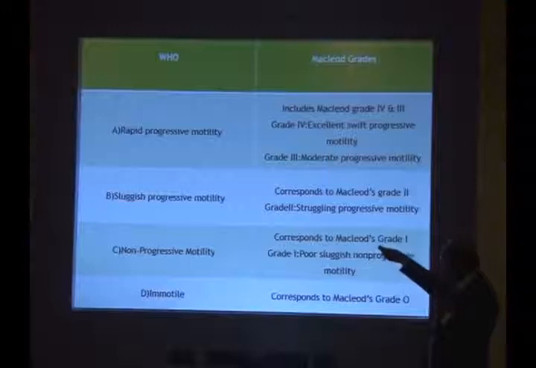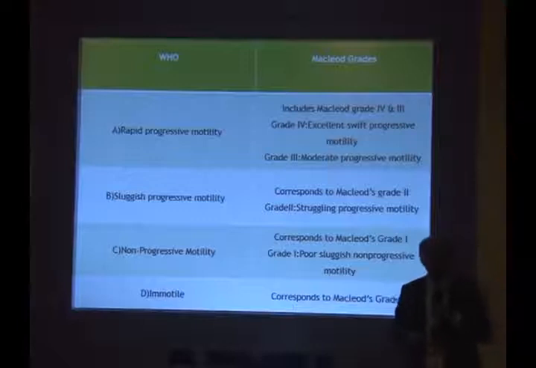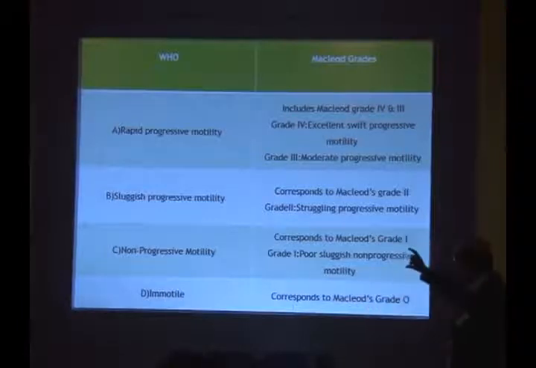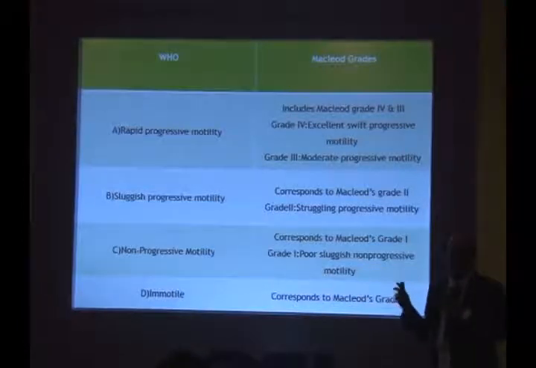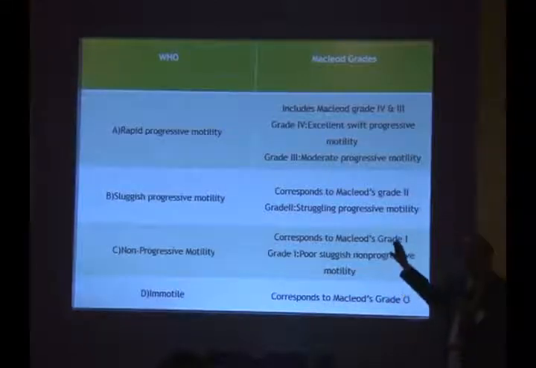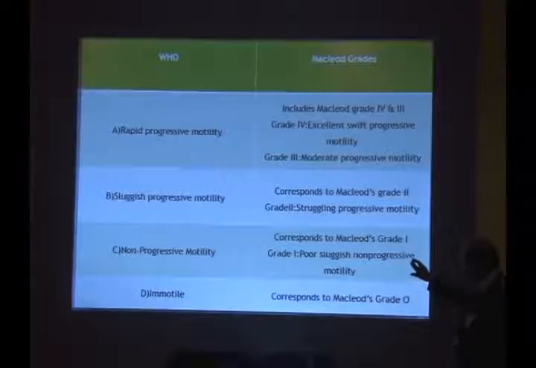It is optional to subclassify them separately as rapid progressive and sluggish progressive, but the total progressive should exceed a certain percentage. Now we are clear what is ABCD, what are grades, and what it means? So essentially it doesn't change the percentage motility which is progressive, but the subclassification is optional. If you are not very clear, you can club A and B together under only progressive motility.